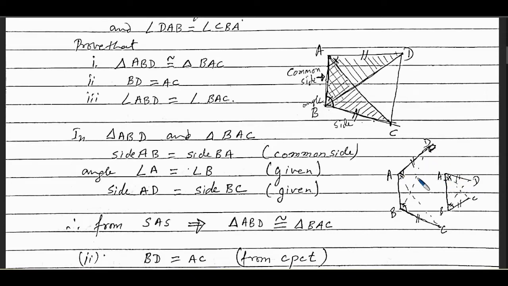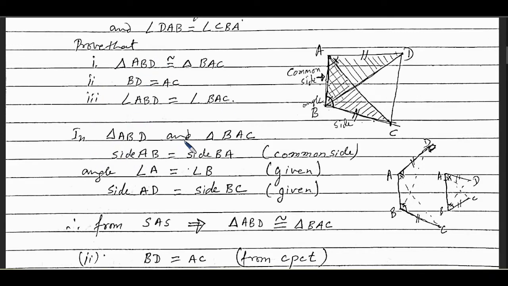If you join the diagonal, and they are the same angle, you feel it has to be the same, isn't it? Suppose here also I put a diagonal. These two triangles appear to be the same, but we have to prove it. In mathematics you have to prove, feelings are not so important. So let us try to prove the first part.